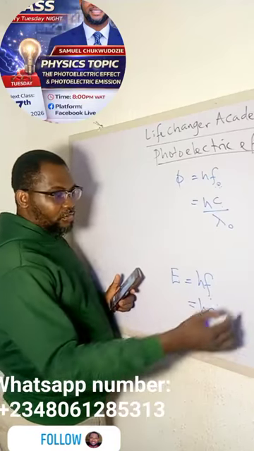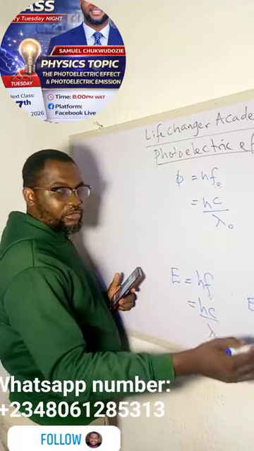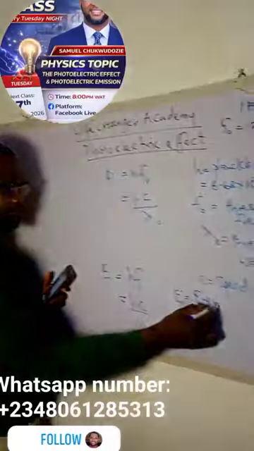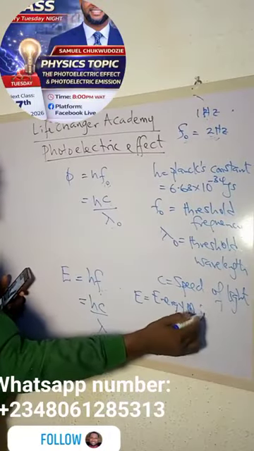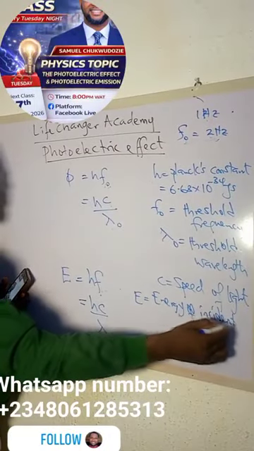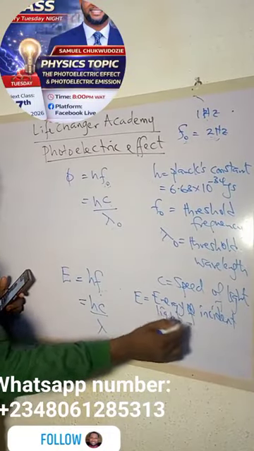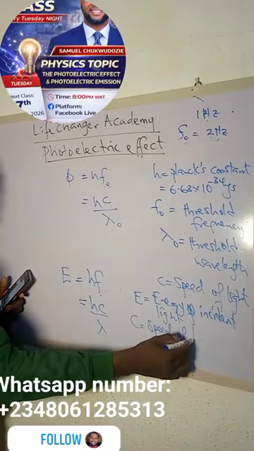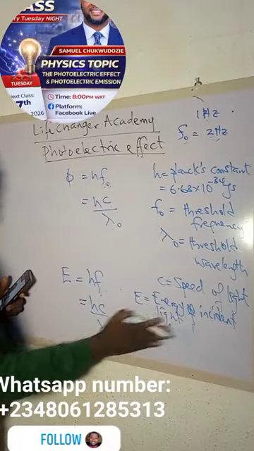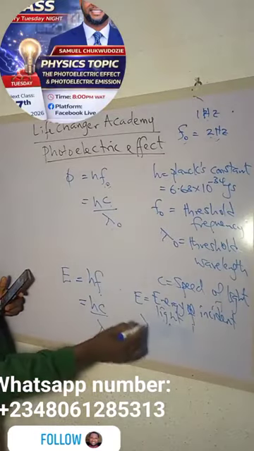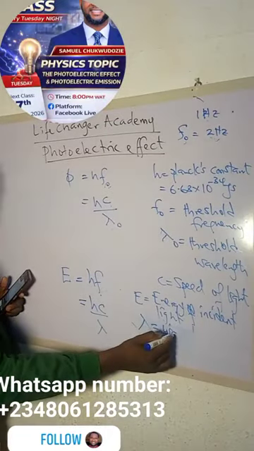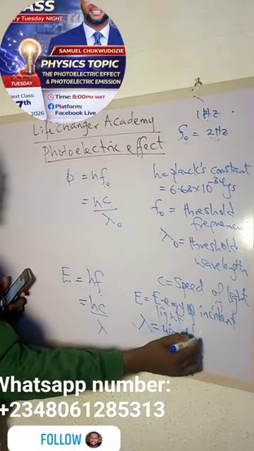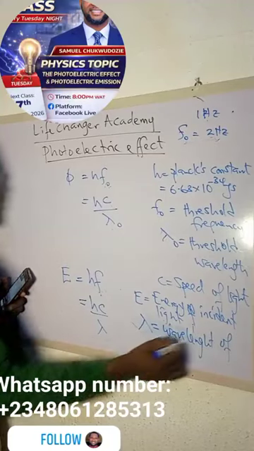So my E here is going to be called the energy of incident light, my c is the speed of light, which I already mentioned earlier, and this is the wavelength of incident light.